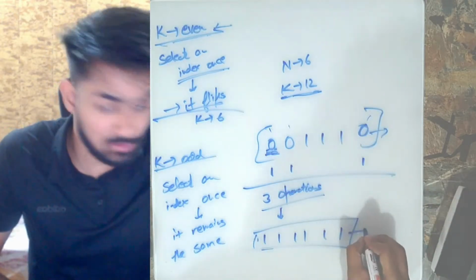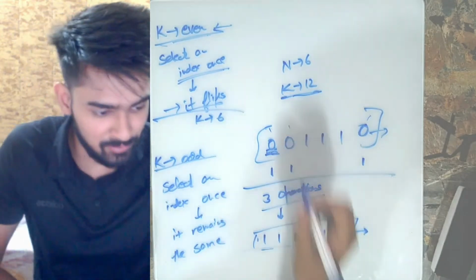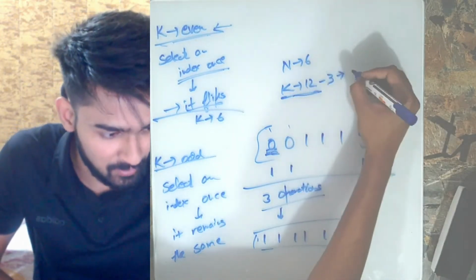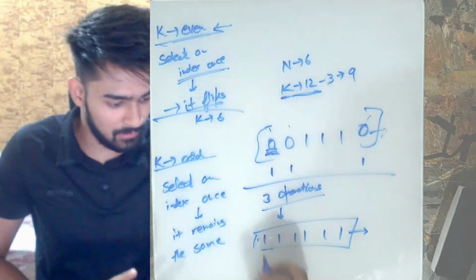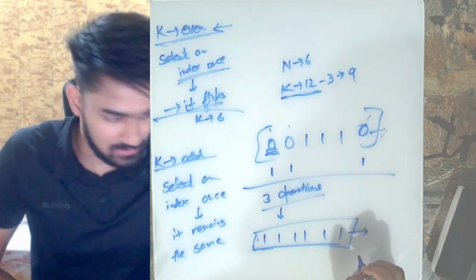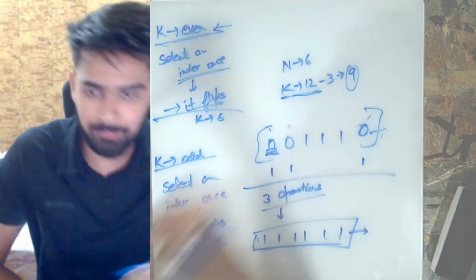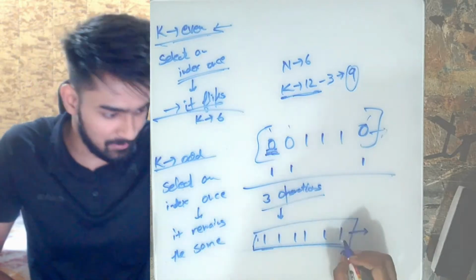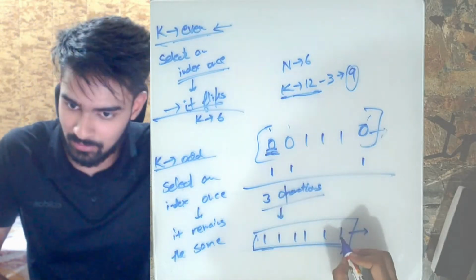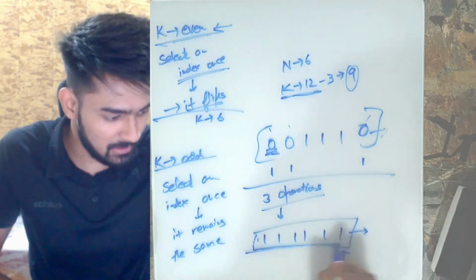We know this is the lexicographically largest value, but since we did 3 operations only, we are still left with 9 operations. In order to keep this lexicographically largest, we'll take all the remaining operations and place them on the last value. This will either become 0 or remain 1. In any case, this will be the largest value.